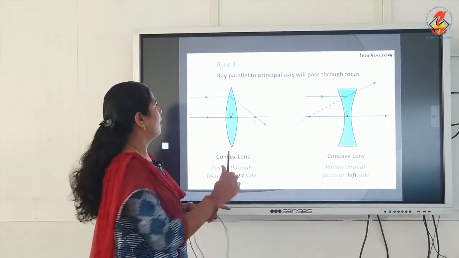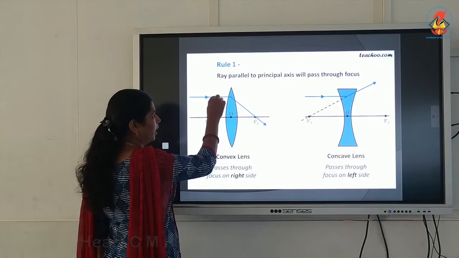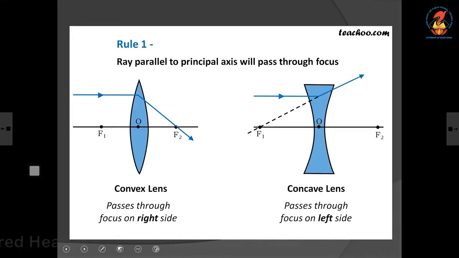Once again, a ray of light parallel to the principal axis, after refraction from a convex lens, passes through the principal focus on the other side of the lens, means on the right side of the lens.